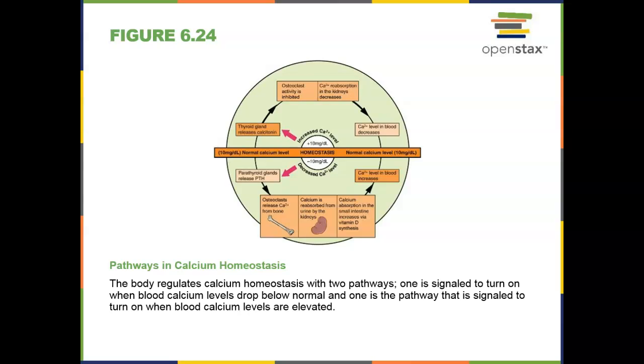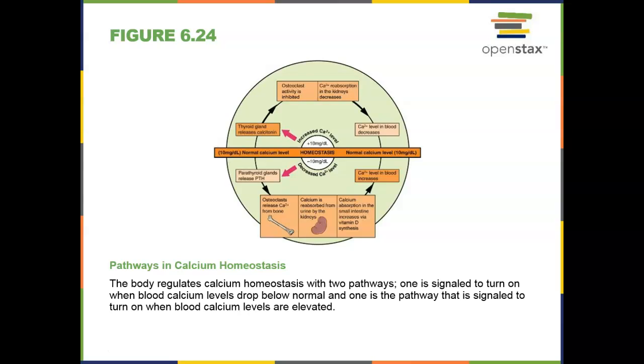It's going to stimulate the osteoclasts of our bones to break down the bone and release the calcium into our blood. It's going to stimulate calcium absorption in our kidneys and our small intestines.